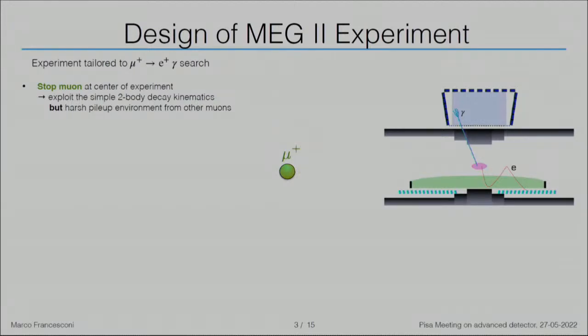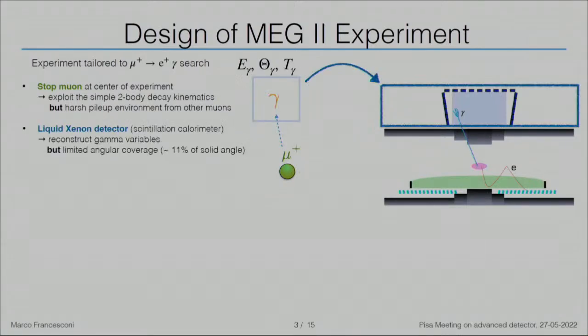So just in one slide, I will go through the detection strategy for an experiment which is directly tailored to measure this decay. The muons are stopped at rest at the center of the experiment to exploit the very easy two-body decay kinematics, and this produces a very high pile-up environment at the center of the experiment. We have liquid xenon scintillation calorimeters that reconstruct all those observables, so the energy, the angle, and the time of the photon.